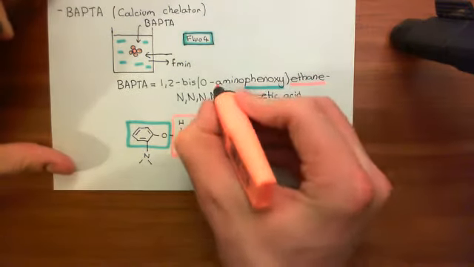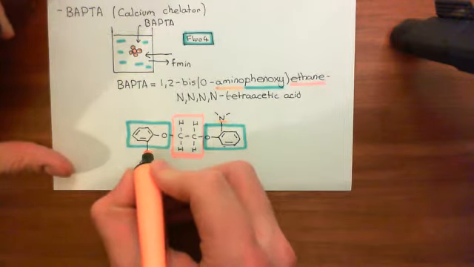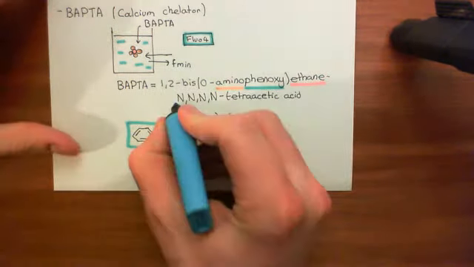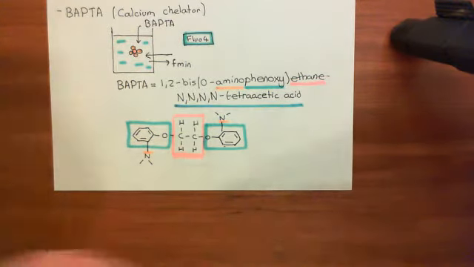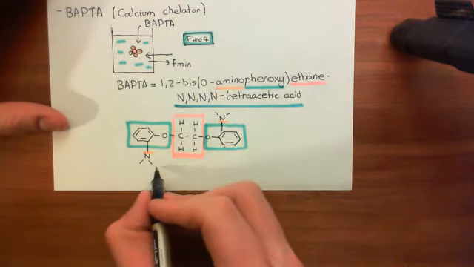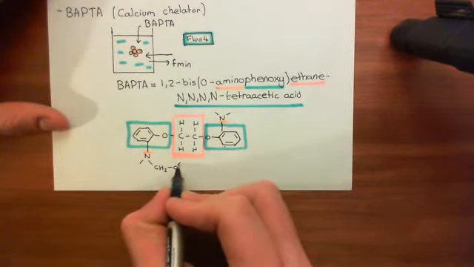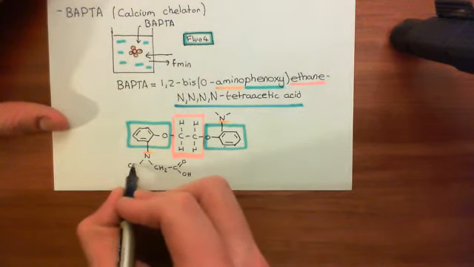Let's just continue on with our highlighting. This nitrogen is the amino, and then this final bit down here, the N,N,N',N'-tetraacetic acid, basically off these nitrogens you're going to have acetic acid groups, so 2-carbon carboxylic acid groups like so.